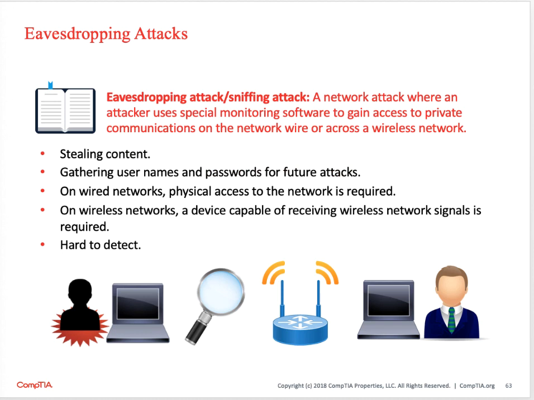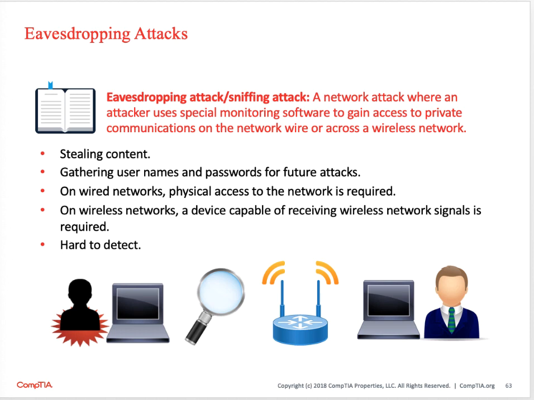Eavesdropping attacks. An eavesdropping attack, or sniffing attack, is a network-based attack where an attacker uses special monitoring software to gain access to communications on a network wire or across a network. On a wired network, they have to have physical access to tap onto the network cable with a device.